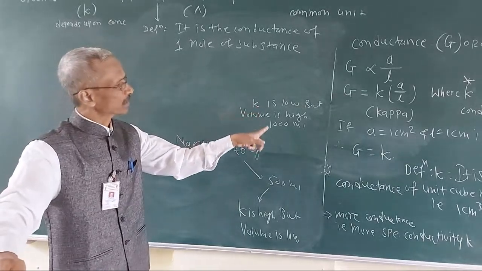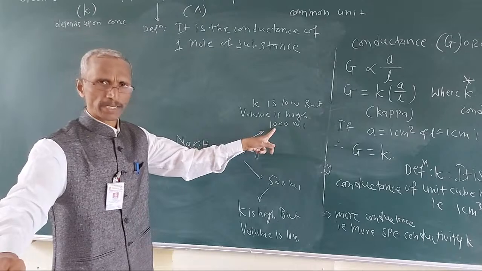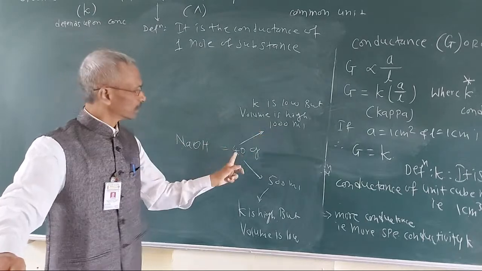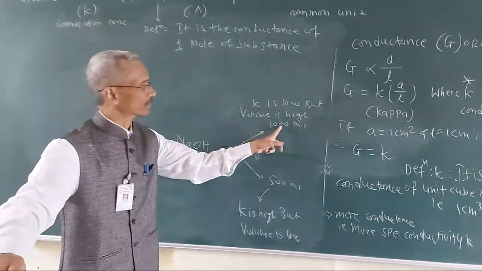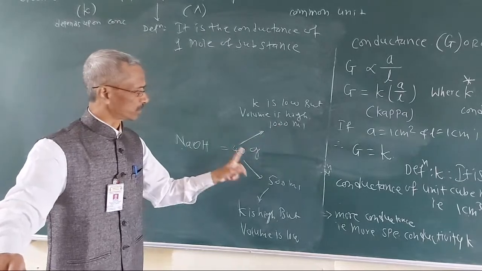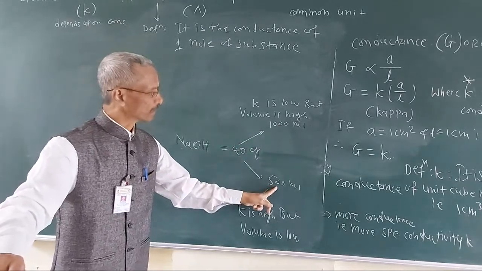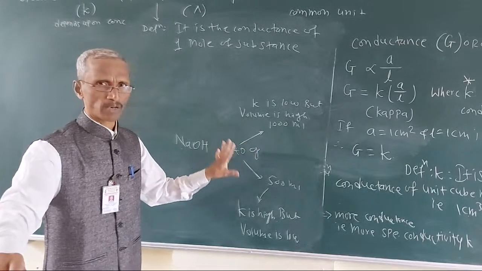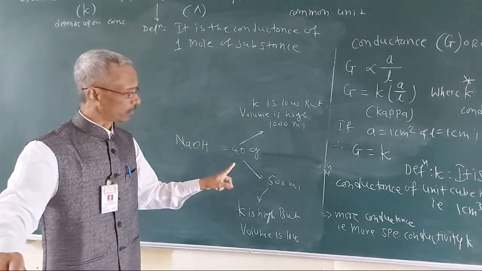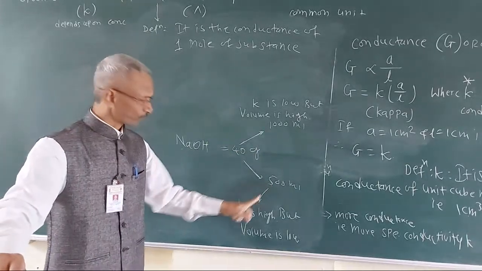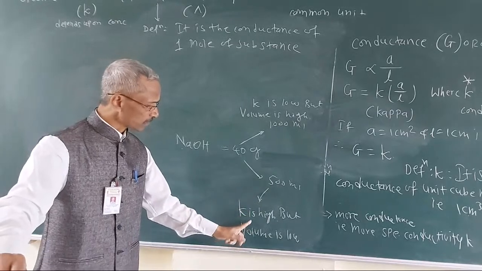The concentration is lower here because the volume is high. The same amount is dissolved in 1000 ml, the same amount dissolved in 500 ml, so there is twice the difference in volume. Therefore, in this case, the concentration is high.